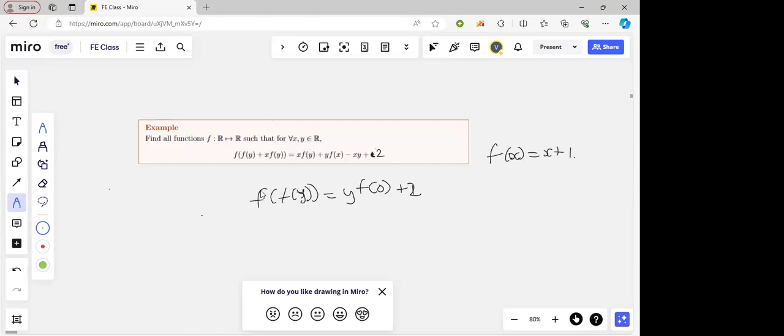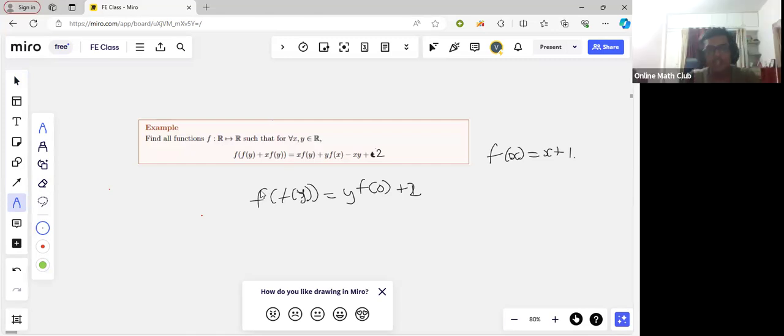We can get injectivity of this. Yeah, right. So it's again the same trick as I told before. This time we try to separate y alone, and we can write it in this form.